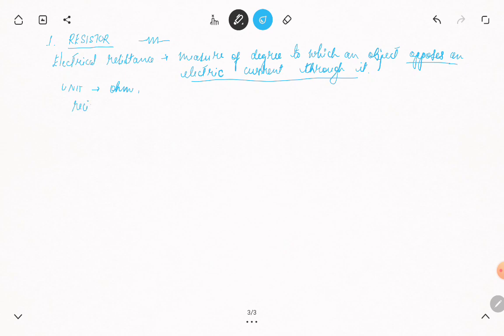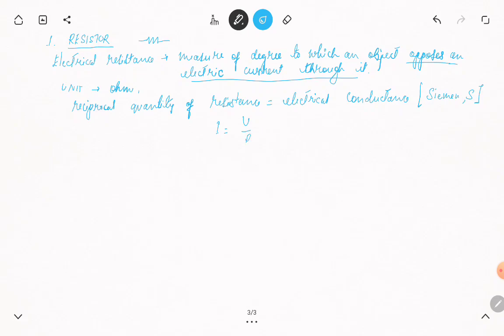The reciprocal quantity of resistance is the electrical conductance, and its SI unit is Siemens, noted as capital S. And we are aware of Ohm's law also: V is equal to IR, or I is equal to V by R, where R is the resistance of the object, V is the voltage across the object measured in volts, and I is the current through the object measured in amperes.